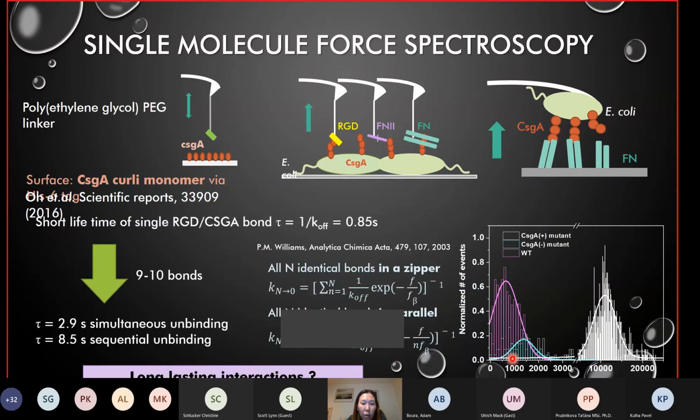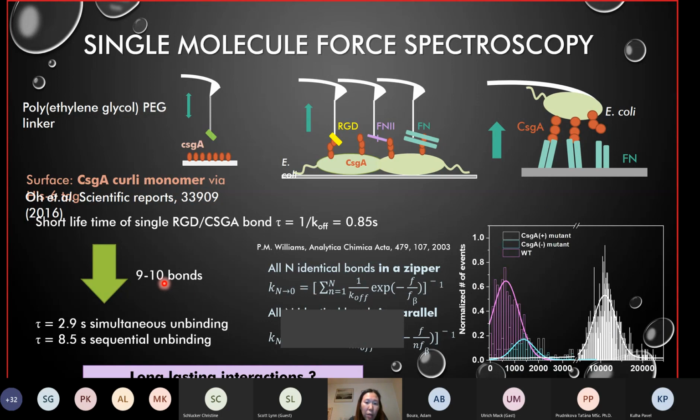So we play a little bit with calculation here. We can also calculate the contact area between the single cell and the surface using the Hertz model, and then estimate how many molecular bonds form in this case. One bacterium can have 9 to 10 bonds forming with the fibronectin surface.